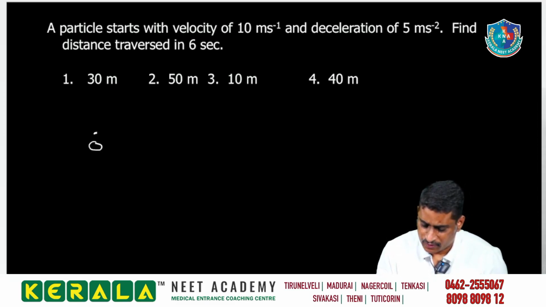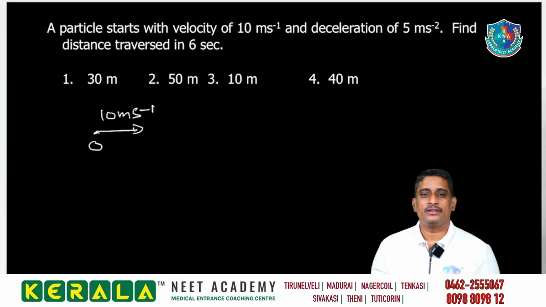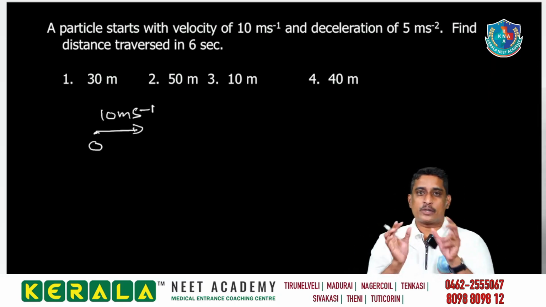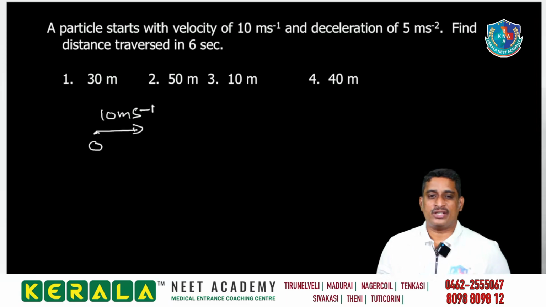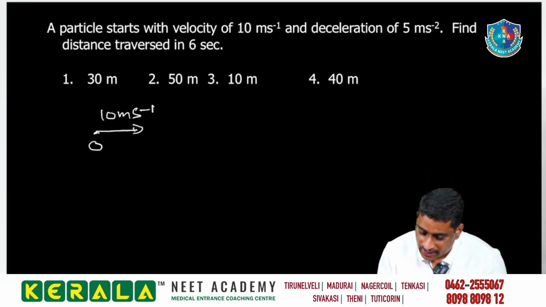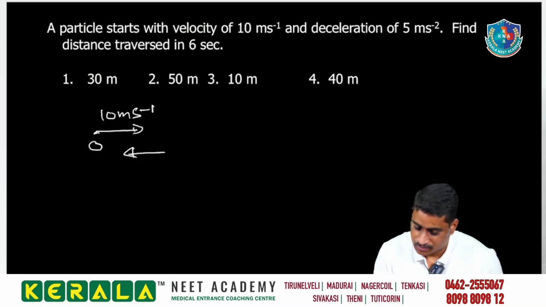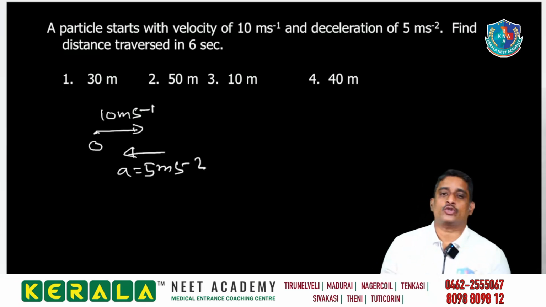This is the origin, which is projected along positive x-axis with a speed 10 meter per second. And this particle is undergoing retardation, deceleration. That means the direction of acceleration of the particle is along negative x-axis. That value they have given as 5 meter per second square.